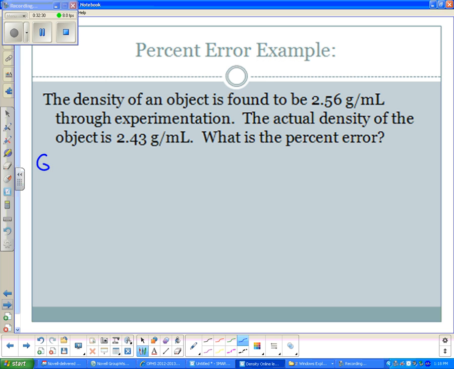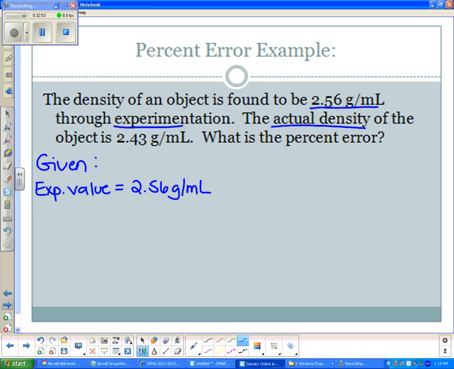So once again, what do we have given? This value, well, we found it through experimentation, so it has to be our experimental value, and you can abbreviate experimental. It's 2.56 grams per milliliter. Now we have the actual density.